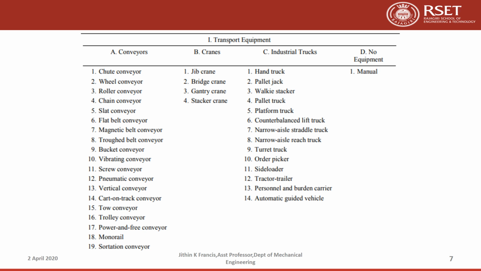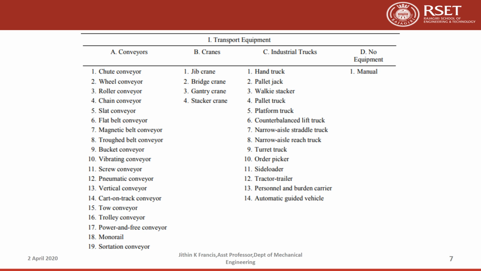These different types of conveyors were previously discussed in module 4, and also these are based on the different types of principles or different types of components being used on the conveyors.